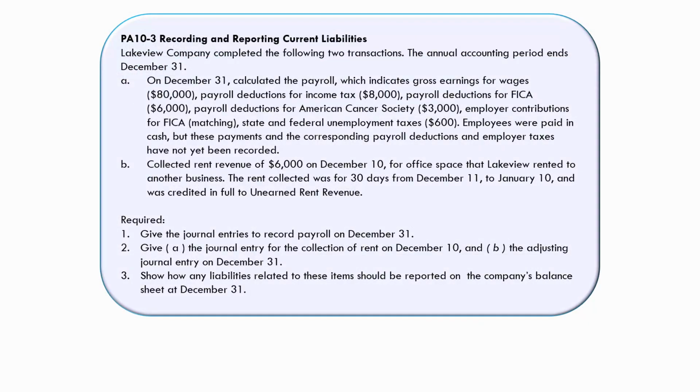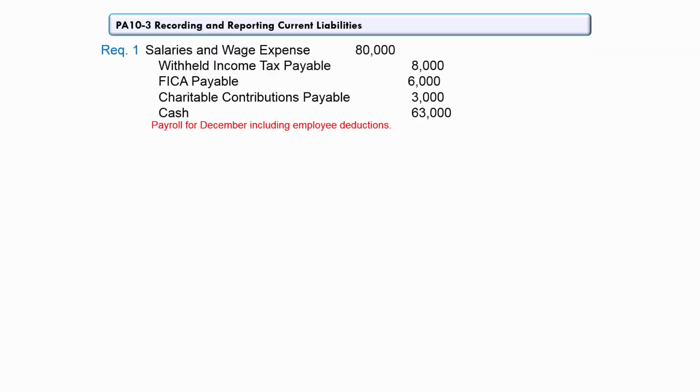We have some more current liabilities to record here, so it's just exercises related to recording these liabilities. In the first requirement, we have a payment of a payroll to our employees. Paying payroll, the gross wages goes to salary and wage expense, and the net amount goes to cash if it's being paid in that time period.